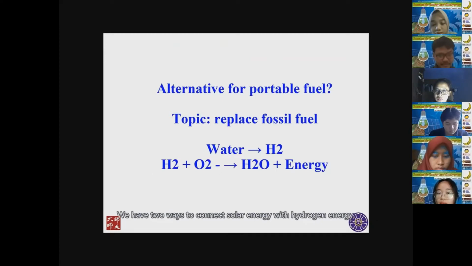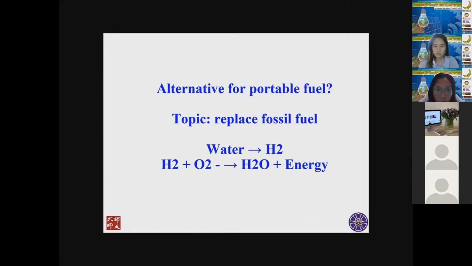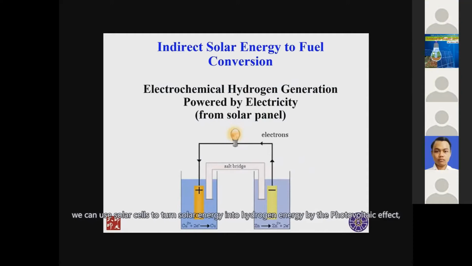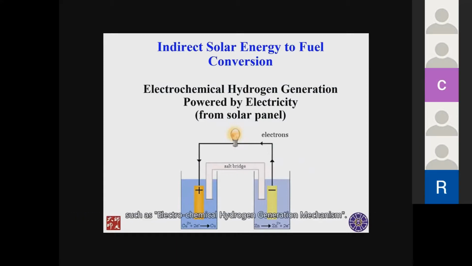We have two ways to connect solar energy with hydrogen energy, direct and indirect. With a direct way, we can use solar cells to turn solar energy into hydrogen energy by the photovoltaic effect, such as electrochemical hydrogen generation mechanism.